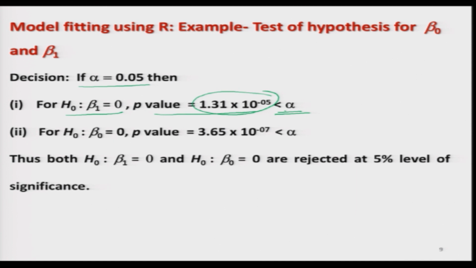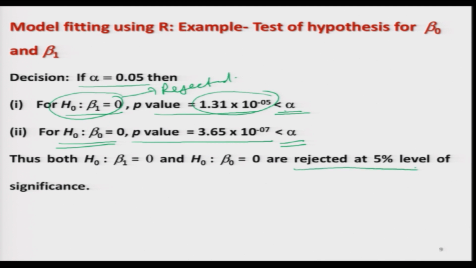So, I can say that H naught: beta 1 equal to 0 is rejected at alpha level of significance. Similarly, for the intercept term also, the corresponding p value is 3.65 into 10 power of minus 7, which is again less than alpha. So, I can conclude that the null hypothesis H naught: beta naught equal to 0 is also rejected at alpha equal to 5% level of significance.